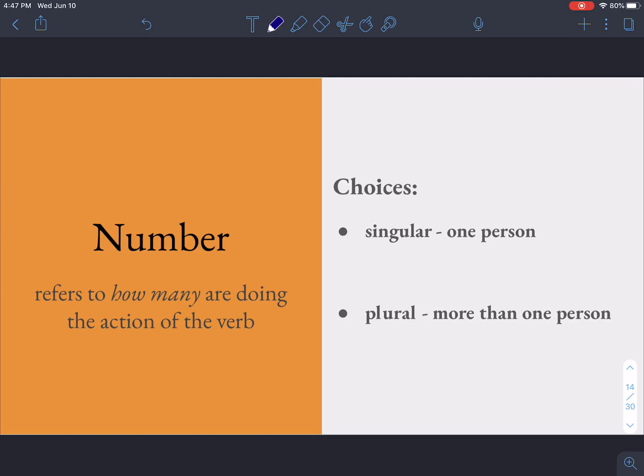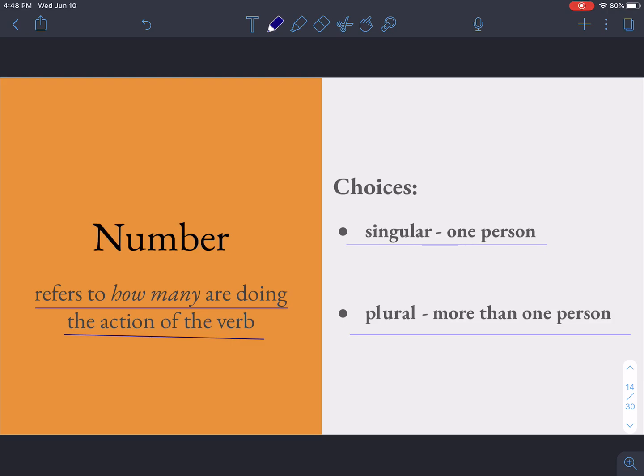Number refers to how many are doing the action of the verb. Similarly to nouns, how many nouns are there. Our choices are singular, which is one person doing the action of the verb, and plural, which is more than one person doing the action of the verb. In English, a singular example would be I eat, or you walk, or he sits.